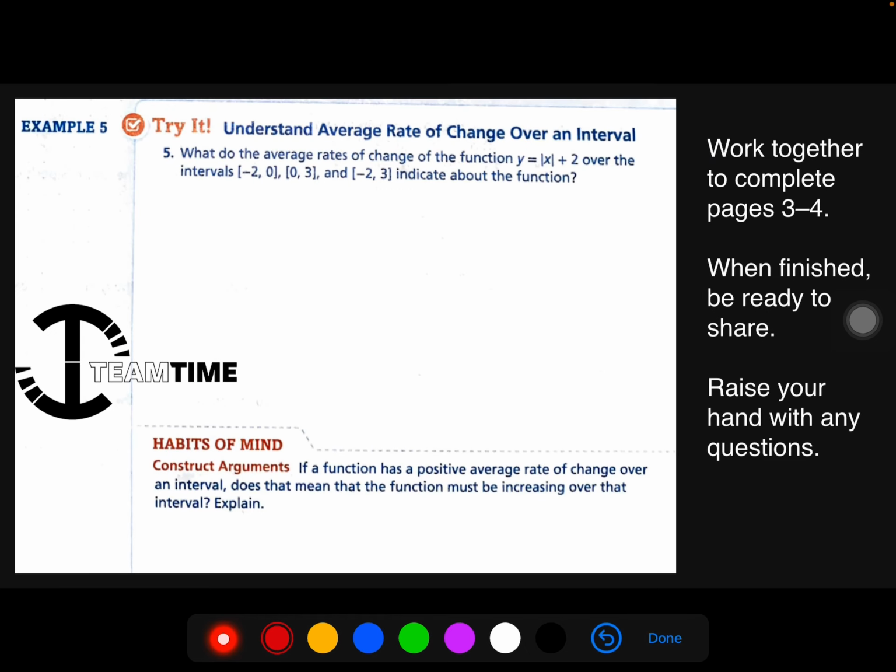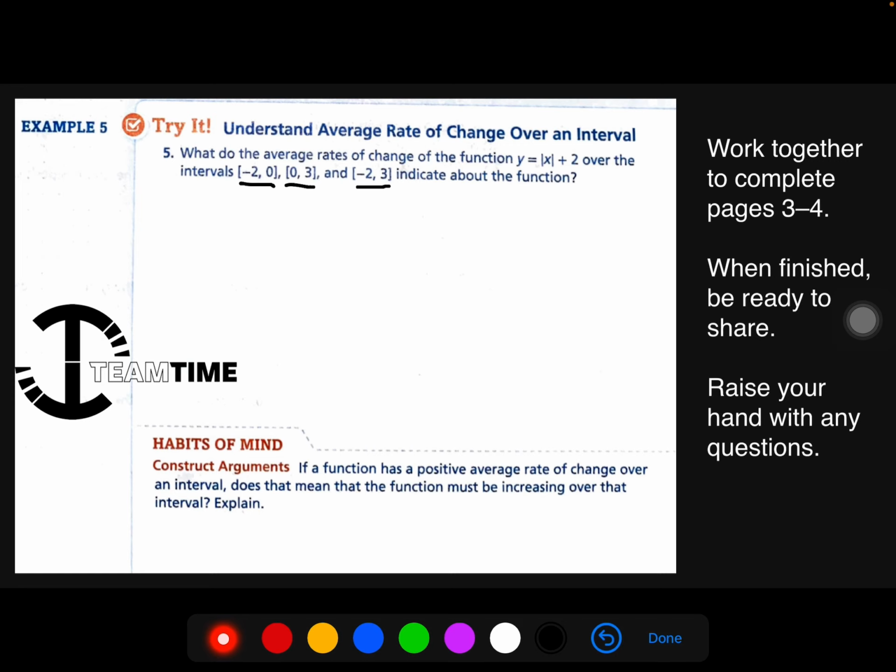Okay, one more. What do the average rates of change of the function, the absolute value of x plus 2 over the intervals negative 2, 0, 0, 3, and negative 2, 3 indicate about the function?